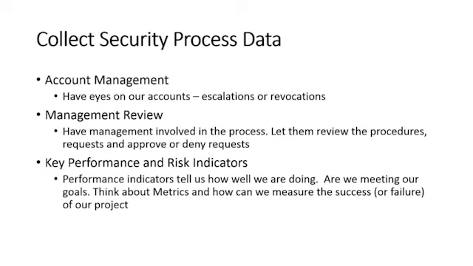We can have key performance and risk indicators. Now, performance indicators tell us how well we're doing or how well we're not doing, if you want to look at it like that. Are we meeting the goals that we set for our processes, for our security strategies? So think about metrics when you think about key performance or risk indicators, right?